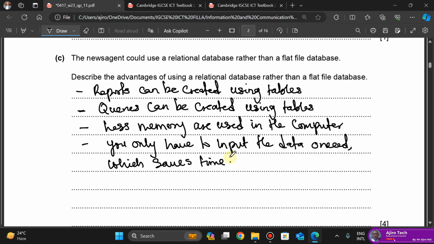I hope this makes sense, because again, what we are using here for our relational database is the Microsoft Access, which is the recommended relational database for paper 2.